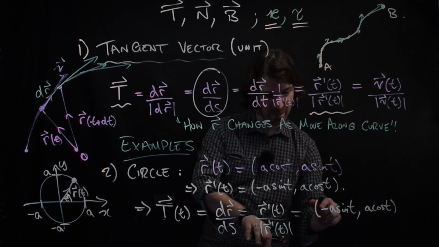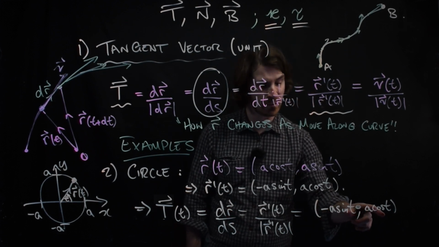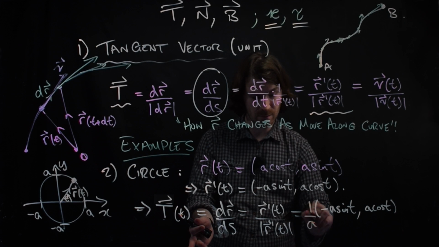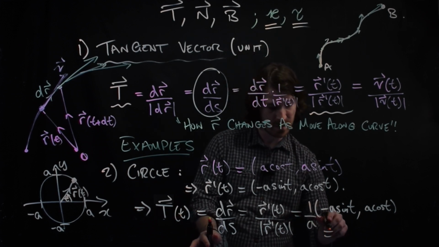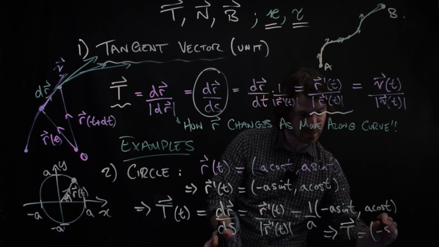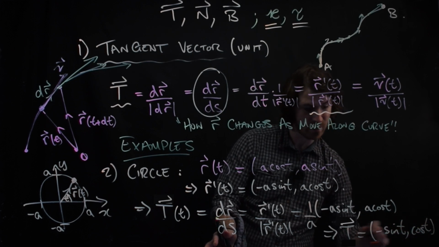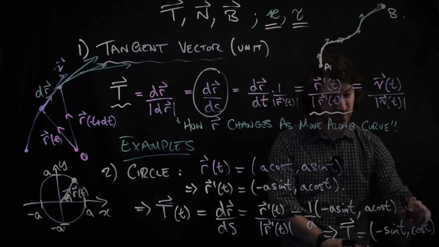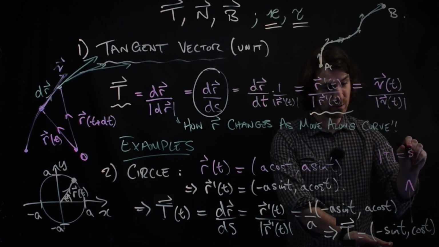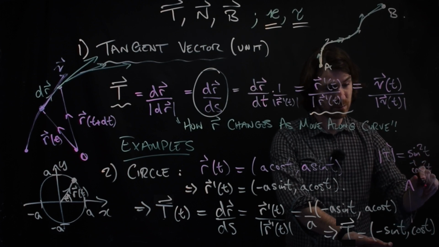That magnitude is the square root of a squared sine squared t plus a squared cosine squared t, so that's just dividing by a. So this tangent vector t is a vector with minus sine t as the x component and cosine t as the y component. You can check this is a unit vector: mod t equals sine squared t plus cosine squared t, which equals 1. So it is a unit vector.